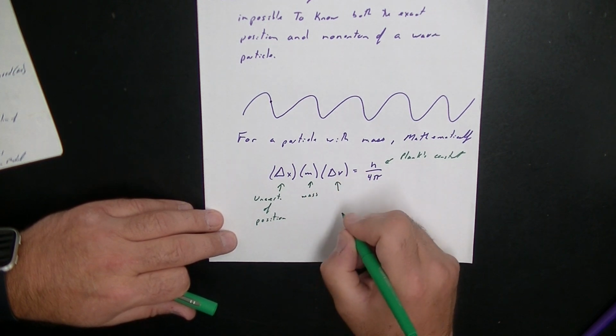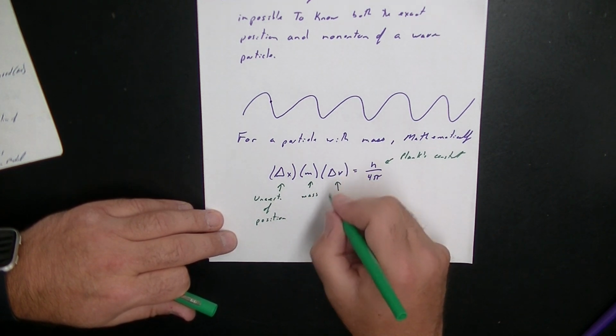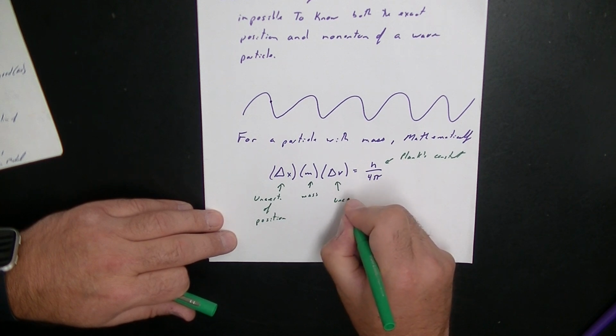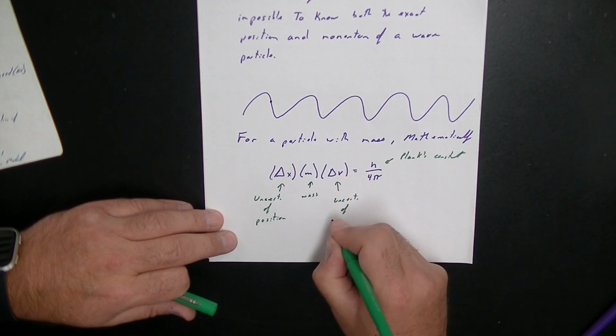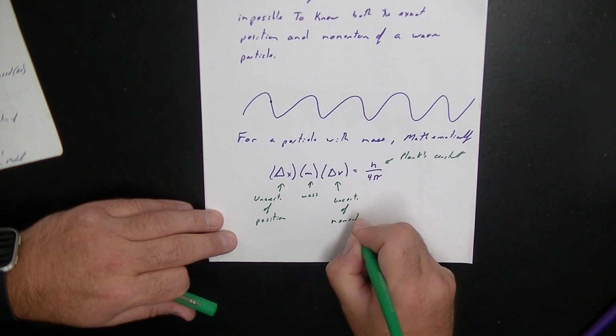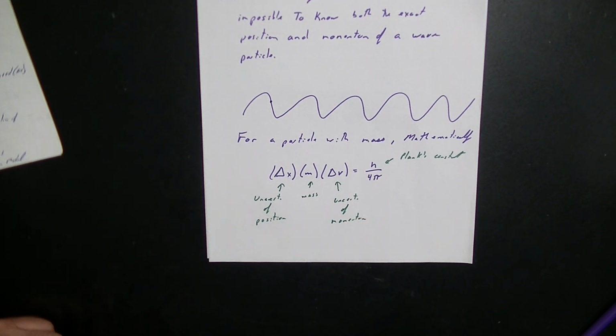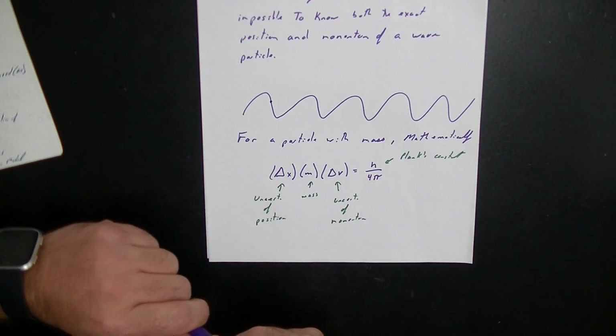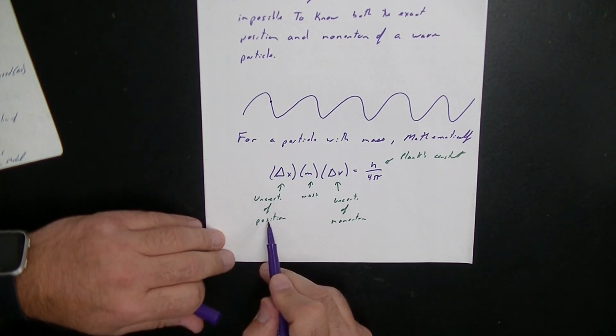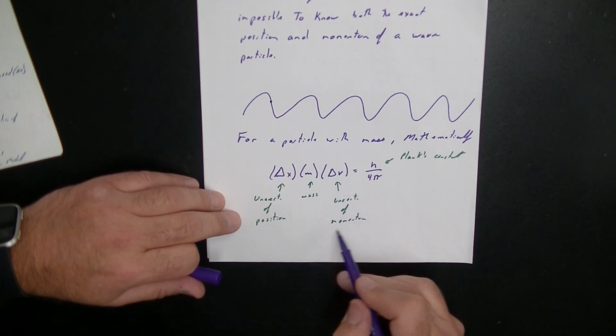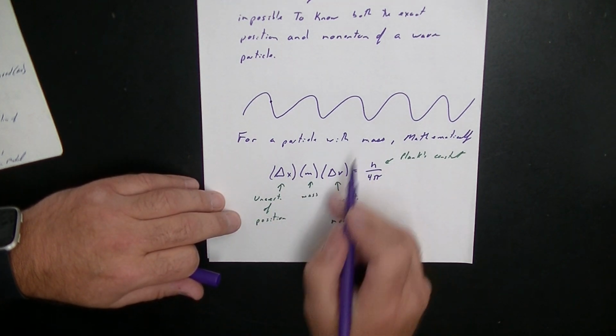And our delta v is the uncertainty of speed or the momentum. So if we look at this equation, it's giving us a relationship between the uncertainty of our position and the uncertainty of our momentum of a particle with mass.